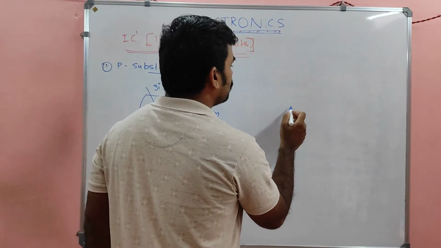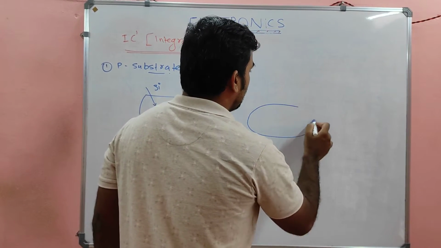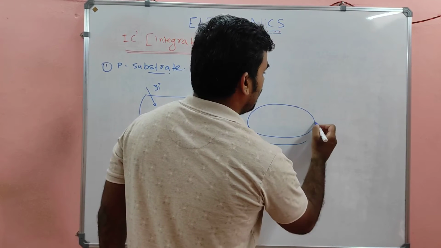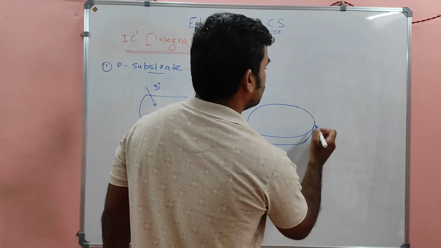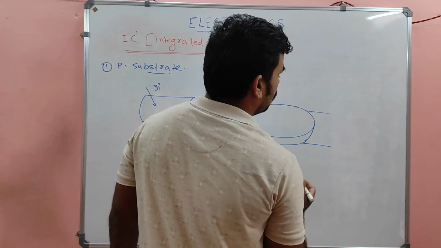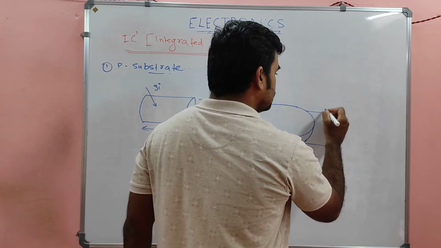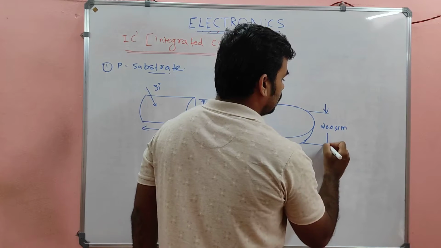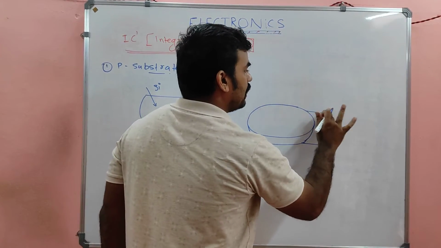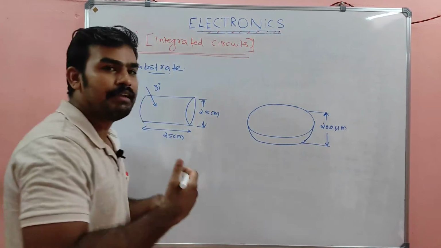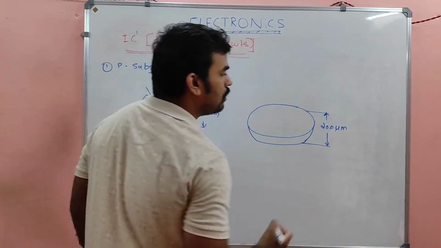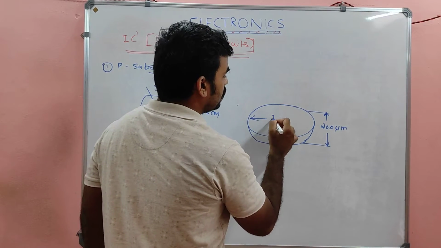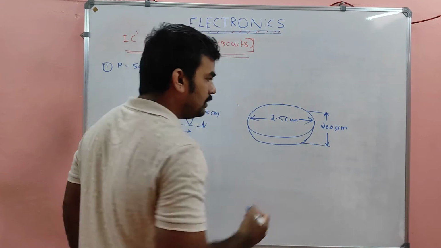And by using a diamond knife, or diamond sword, you can cut it into wafers of thickness 200 micrometer.